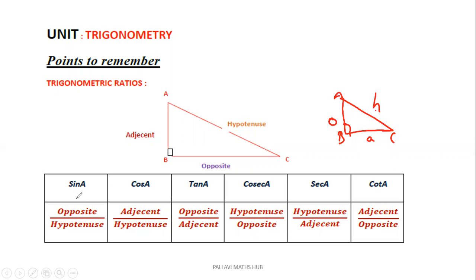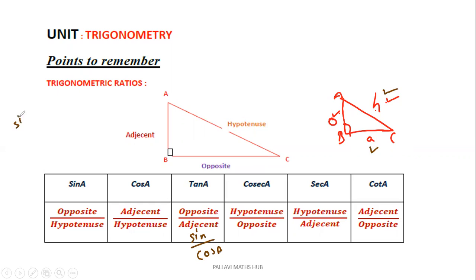So sine theta is equal to opposite by hypotenuse. Cos theta means adjacent by hypotenuse. Tan theta means opposite by adjacent, or you can write sin A by cos A.